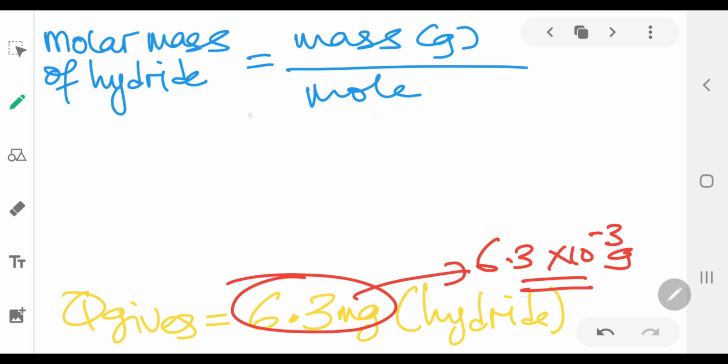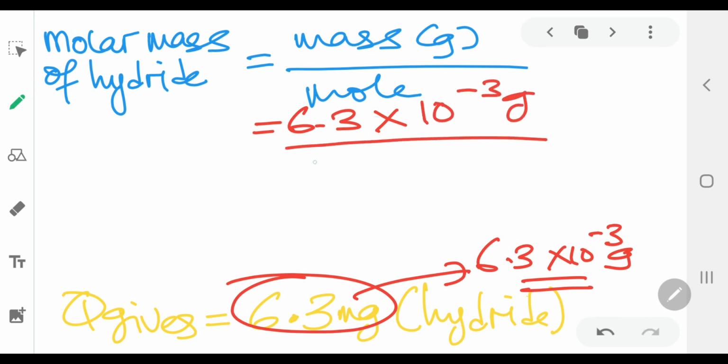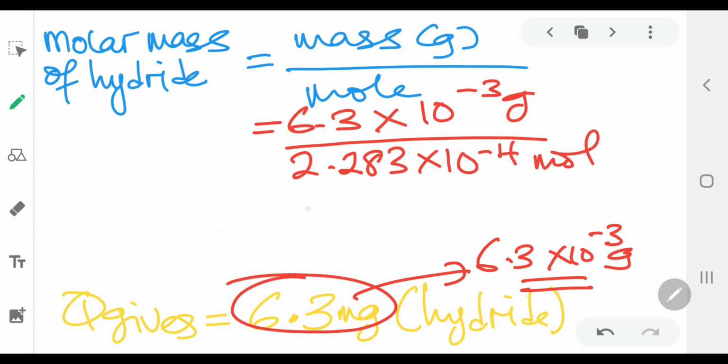Okay, so the molar mass of hydride should be 6.3 times 10 to the power of negative 3 grams over 2.283 times 10 to the power of negative 4 mole.